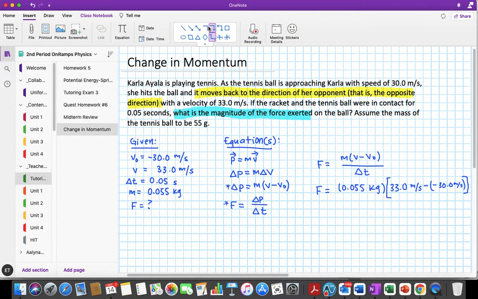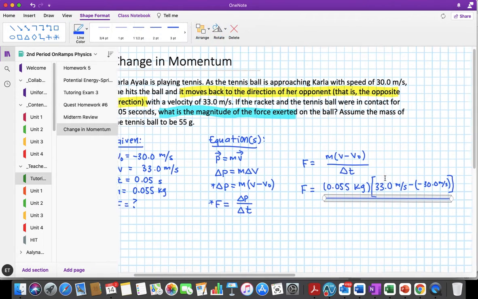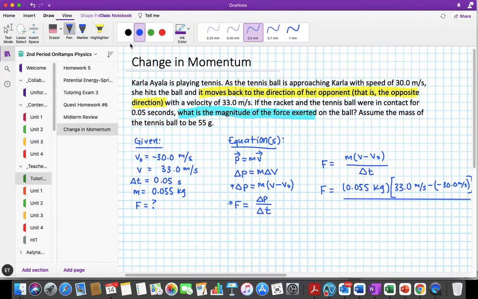And you guys know I'm not going to draw this line because it's not going to be pretty, so I'm just going to use my tools. And the time is 0.05 seconds. Don't forget that a short amount of time will lead to a somewhat large force, right?